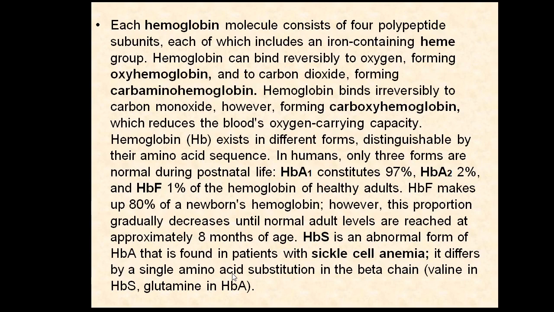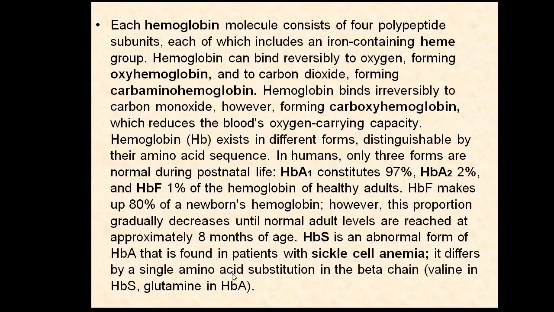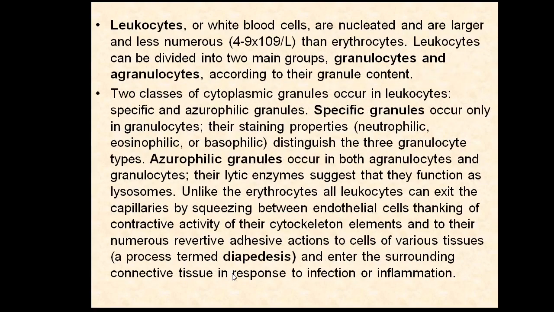And if you transfuse erythrocytes with glycophorins to a person who has antibodies to that glycophorin, there will be aggregation of erythrocytes, and it is a mortal situation for the patient.